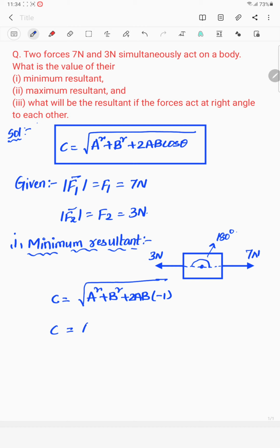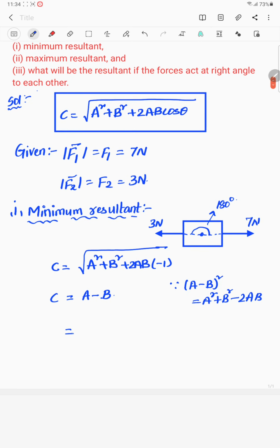So C is equal to a minus b. Now the magnitude of the first force is 7 and the second force is 3. So 7 minus 3 gives the resultant as 4 newtons, and this is your minimum resultant.